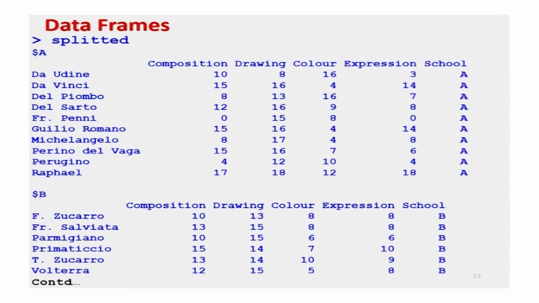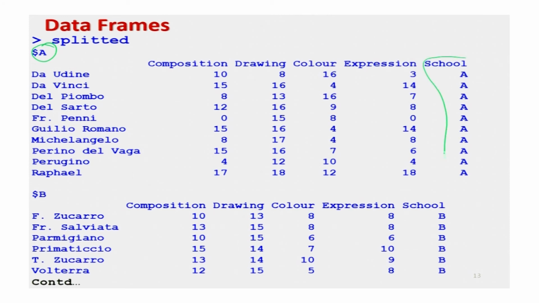I have simply copied it here, and I will also show it on the R console. The first value of the split will be $A, indicating that this is the first group by which the partitioning has been done.